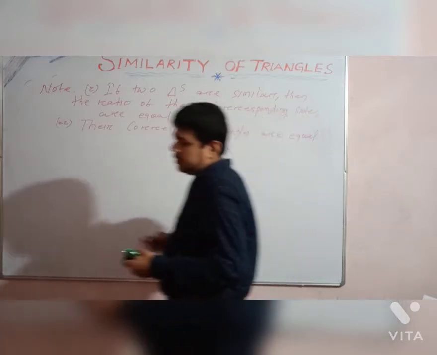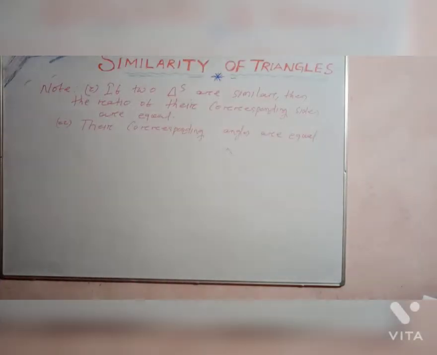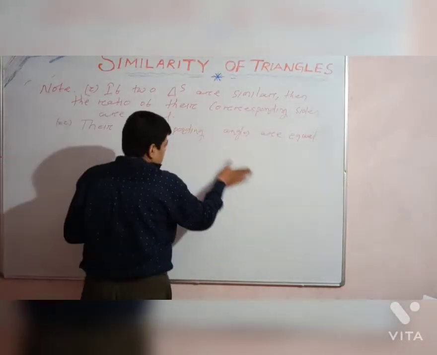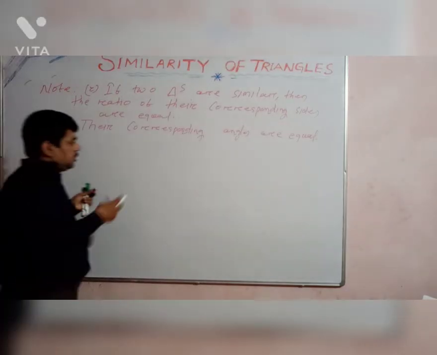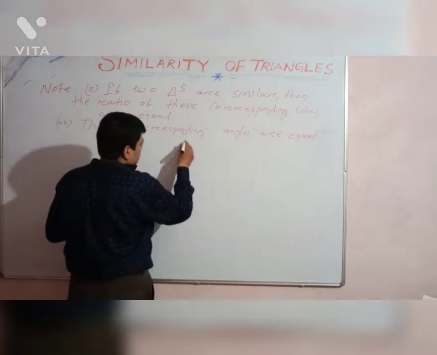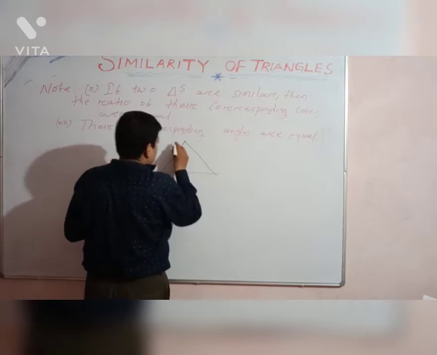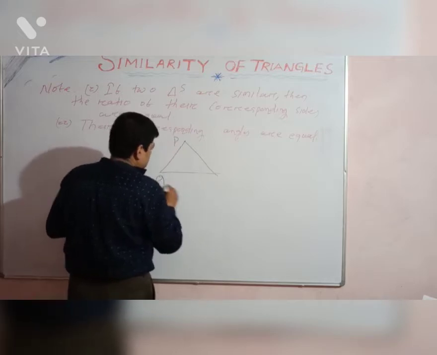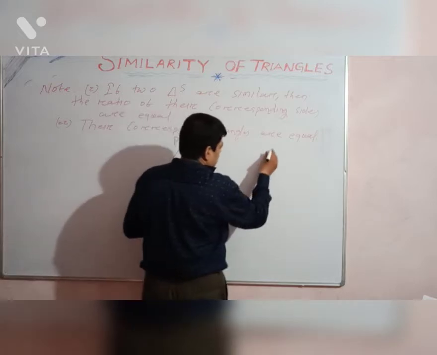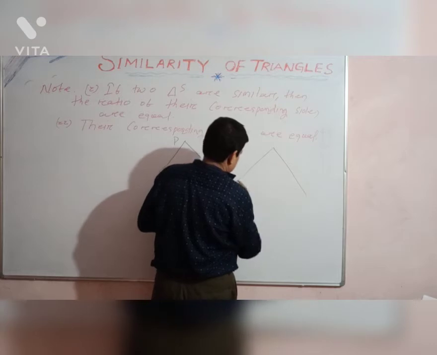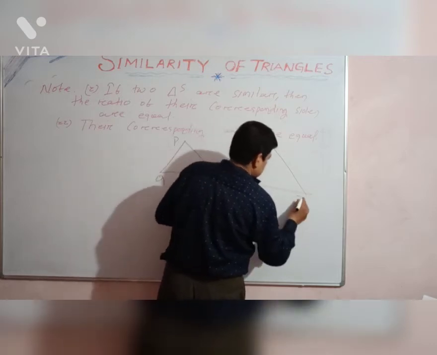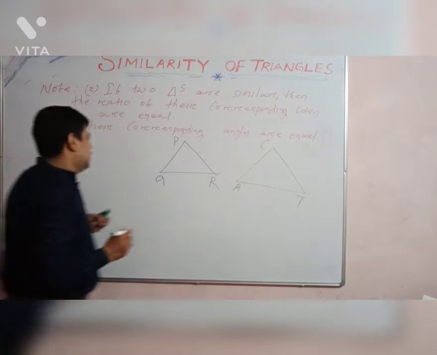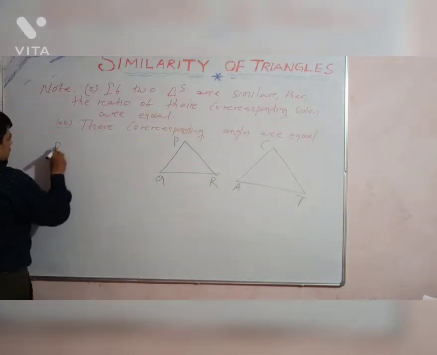Okay, is it clear? If two triangles are similar, the ratio of their corresponding sides is equal. Suppose triangle PQR and triangle CAT are similar triangles.